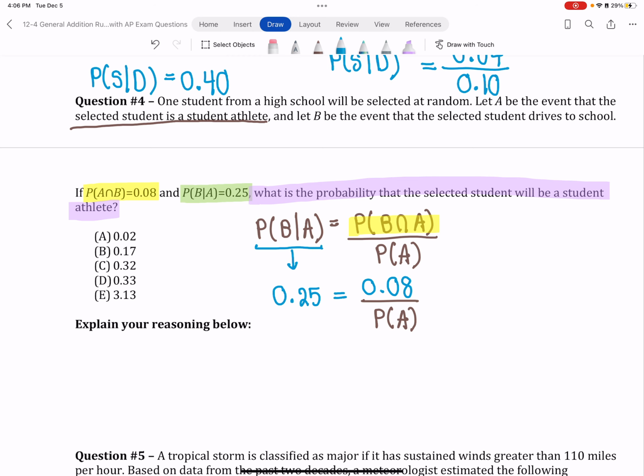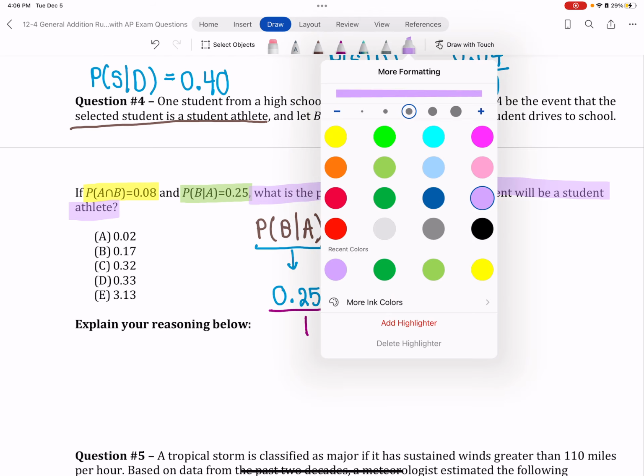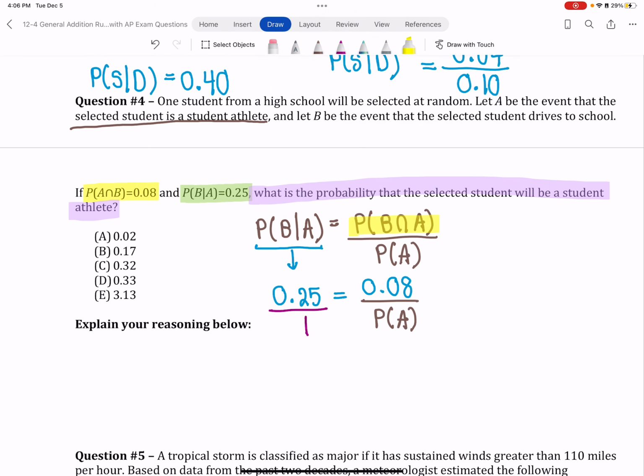Well, over here, if you add a 1 underneath the 0.25, and then we end up cross-multiplying, you can see that the probability of A is just equal to, I forgot to multiply this by 0.25, it's just equal to 0.08.